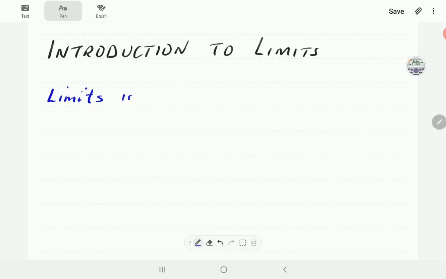So limits is a fundamental building block of the subject of calculus.